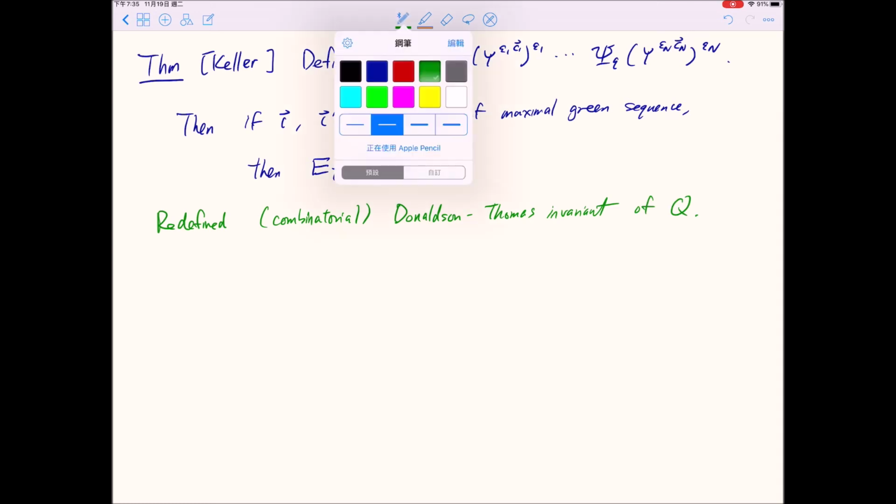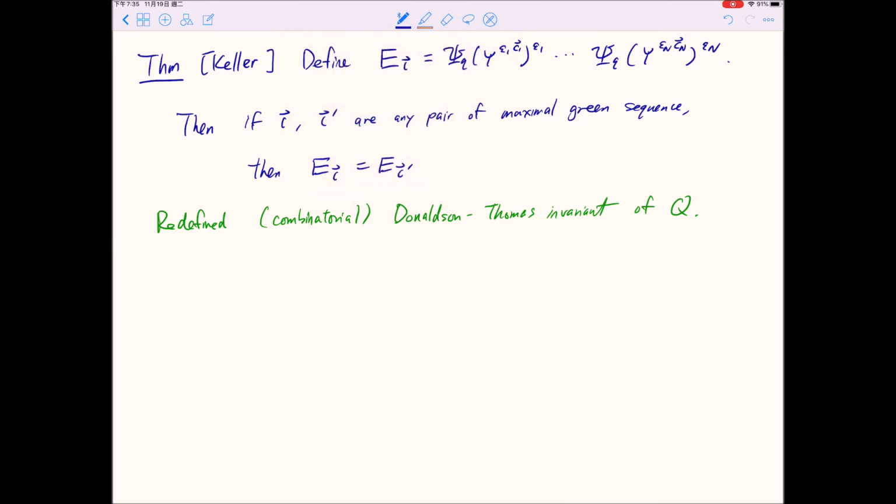So in the special case, or I mean, not special case, but we all know that if you have two such maximal green sequences, then this will be a period because it is a frozen isomorphism. And the above formula basically just turns it into the tropical form of the quantum dilogarithm identity.